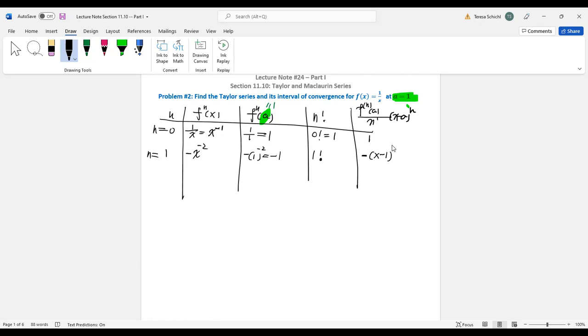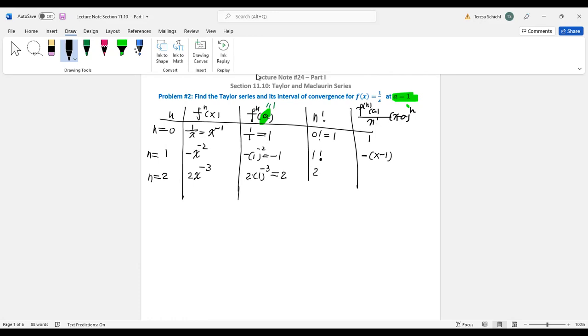Okay, now let's take a look at the second one. This one is n equal to 2. When n equals 2, you will have 2 times x to the negative 3. Then for f of 2, you plug in 1, so this will be 2 times 1 to the negative 3, so this is 2.